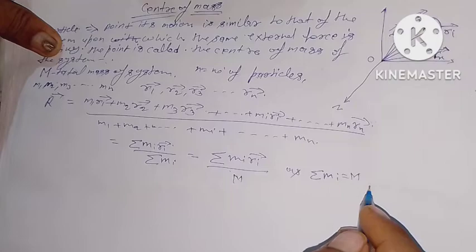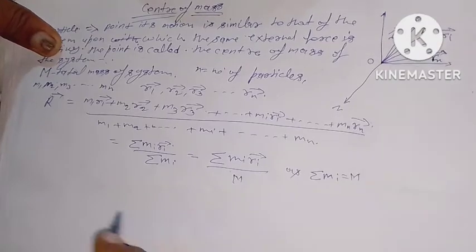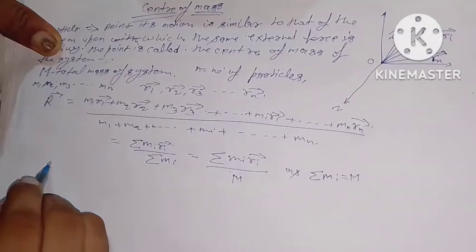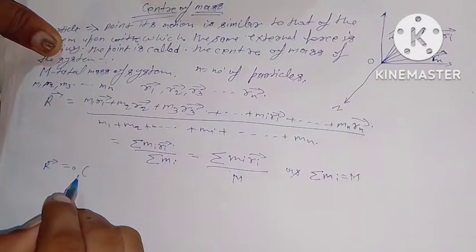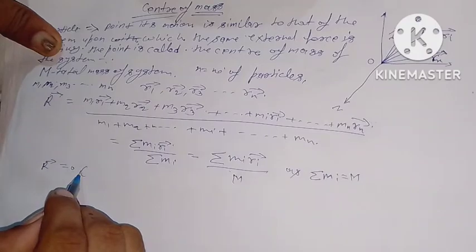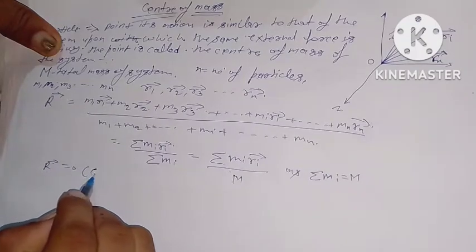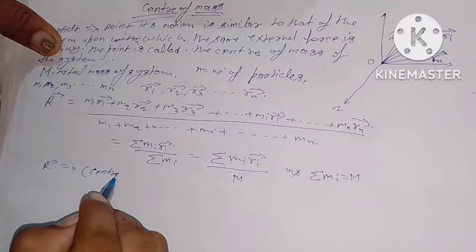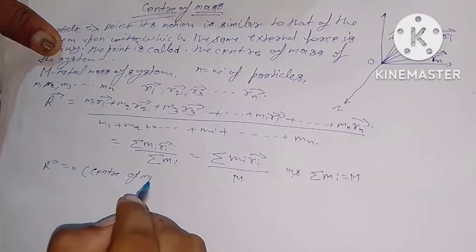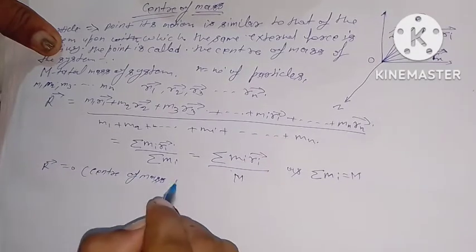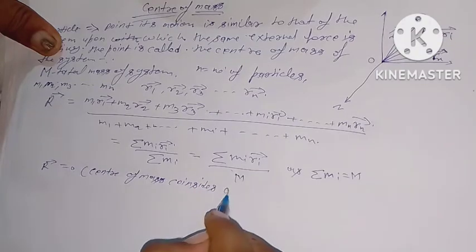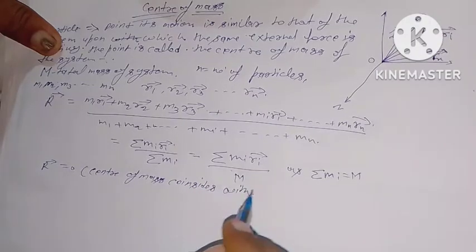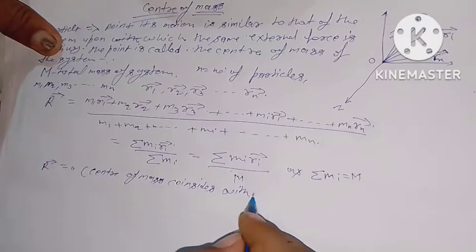If the center of mass coincides with the origin of the system, then vector R equals 0, because the center of mass coincides with the origin of the system.